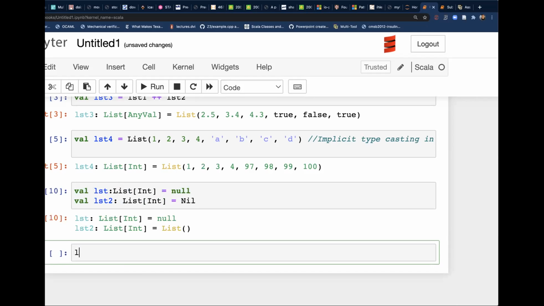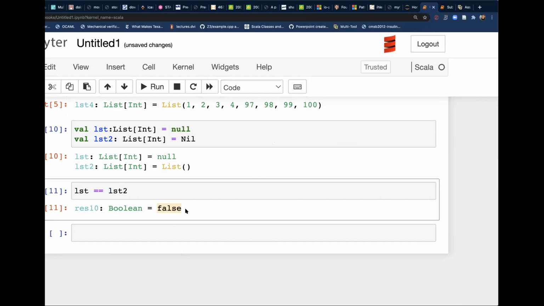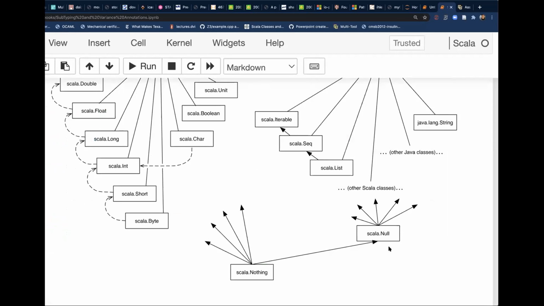Now I can ask lst, is it the same as lst2? And it's false. So nil is not the same as null. It's not even a subtype of null. It's the other way around. From this picture, you can see null is a subtype of nil because null is a subtype of list. Confusing, but just follow the picture.